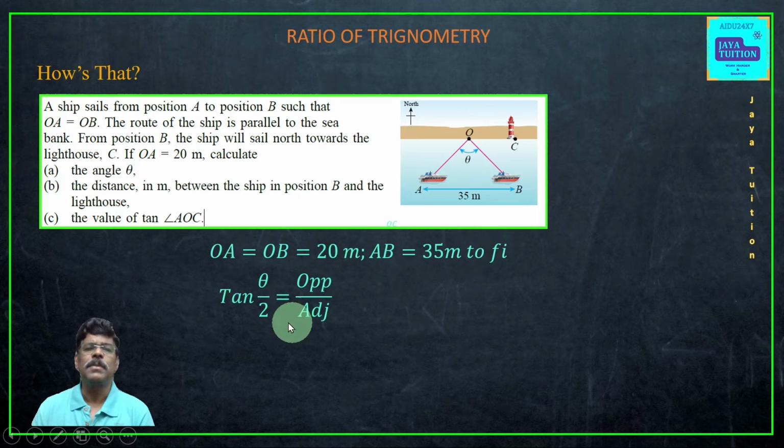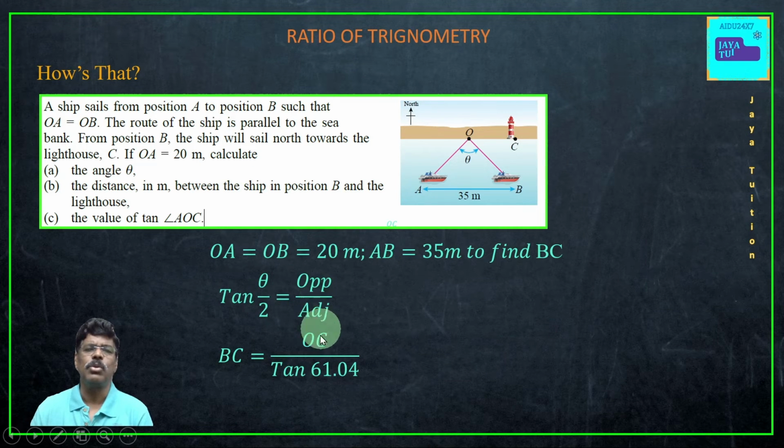Here, I have used tan theta by 2. Tan of theta by 2 is the angle over here when you draw a straight line. Tan theta by 2 is equal to the opposite side, which is OC, divided by the adjacent side, which is BC. Rearranging, BC is equal to OC divided by tan of theta by 2.